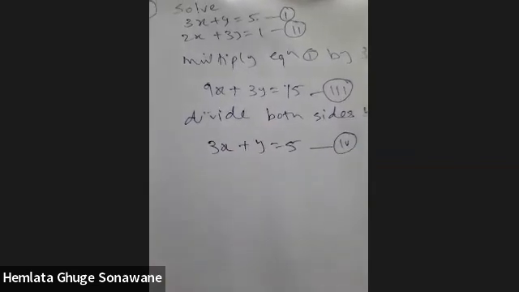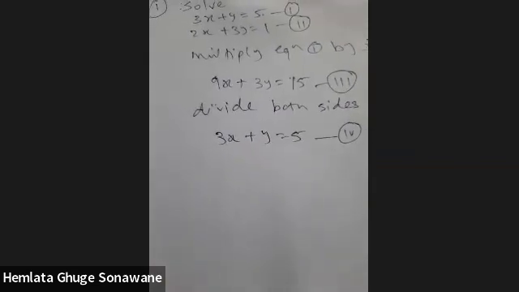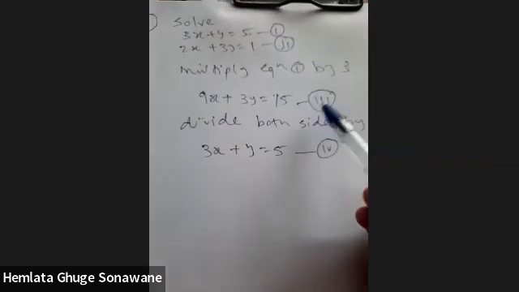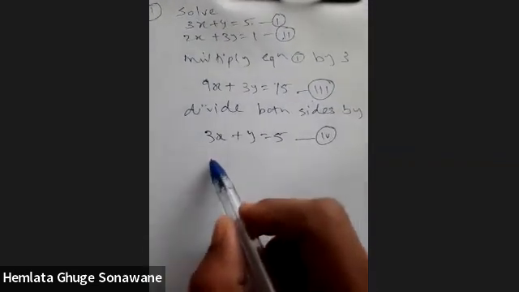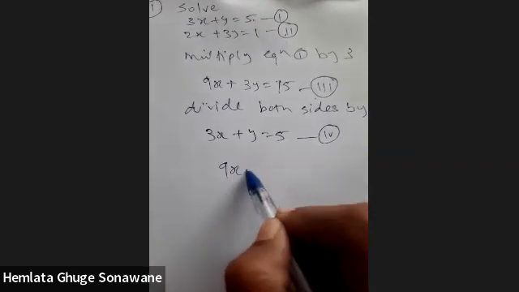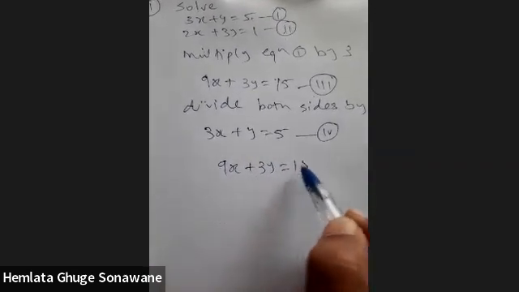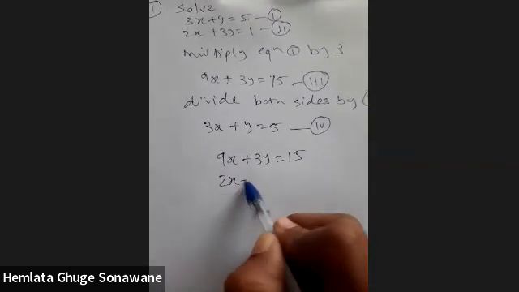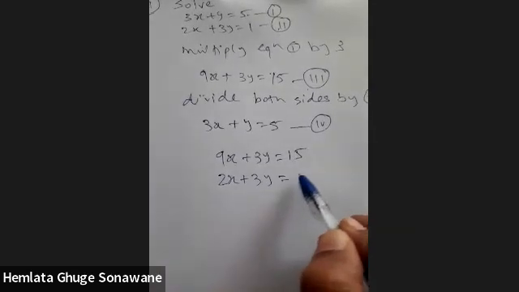This is our equation number 4. Now we'll subtract equation 2 from 3. We are having equation number 2 and equation number 3. Okay, so 9x plus 3y is equal to 15 and 2x plus 3y is equal to 1.